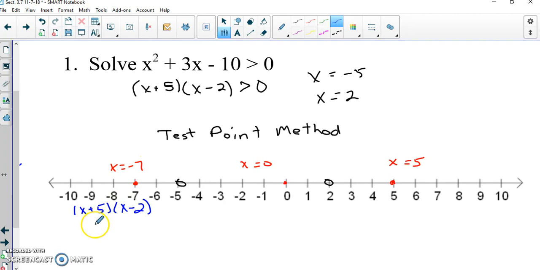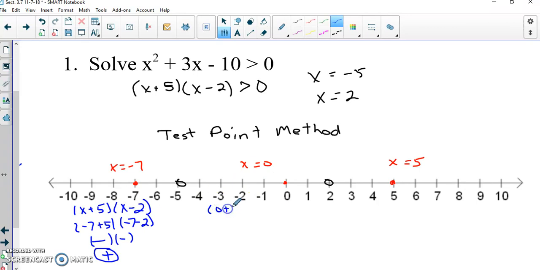And I'm going to plug in negative 7. So I'm going to get negative 7 plus 5, and negative 7 minus 2. Well, negative 7 plus 5 is a negative number. Negative 7 minus 2 is a negative number, and a negative times a negative is always positive. So I'm only going to be concerned whether it's positive or negative. So I'm going to plug in 0. I'm going to do the same thing.